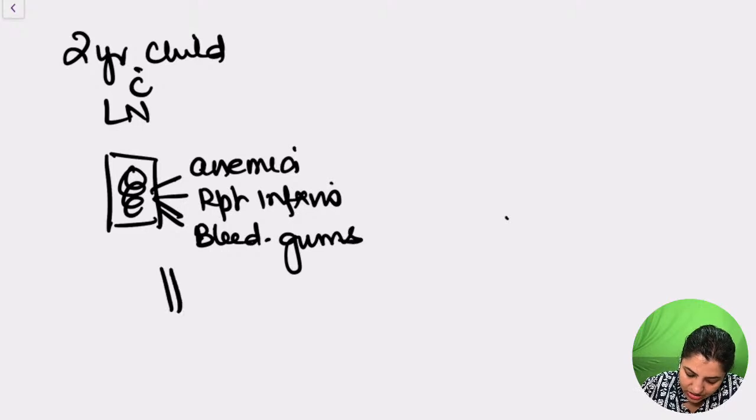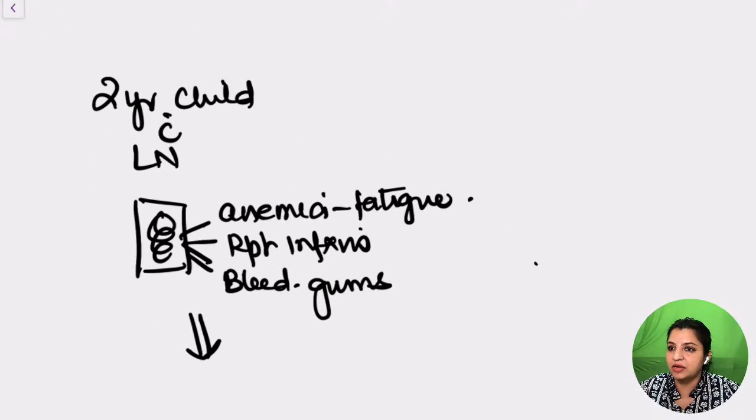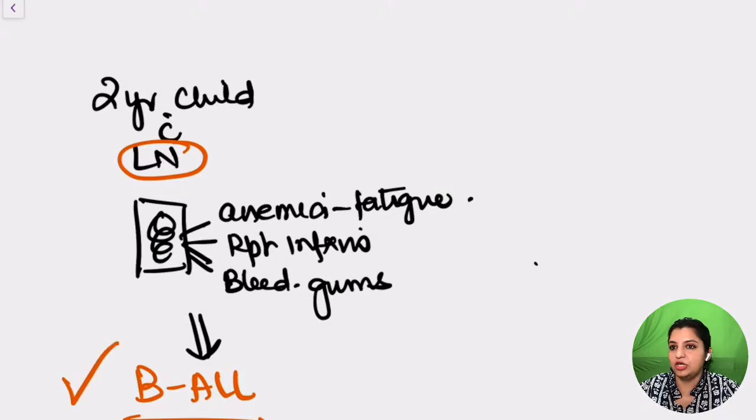What is your diagnosis in this case? This is lymph node, so it has to be B cell ALL. That's your diagnosis.